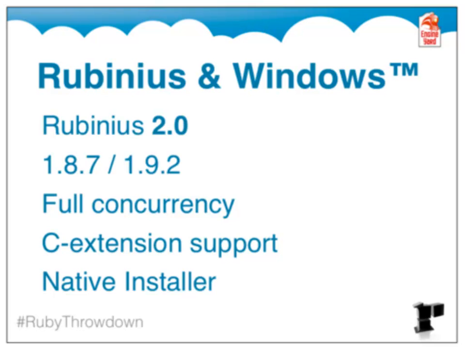So the short story is simply that Windows support is coming in Rubinius 2.0. We are working really hard on it. It will support 1.8.7 and 1.9.2 and have full concurrency and C extension support. We hope to utilize our build system to make some of the C extension pain on Windows a little bit less painful. We'll have a native installer. We're really happy to support Windows as a platform.